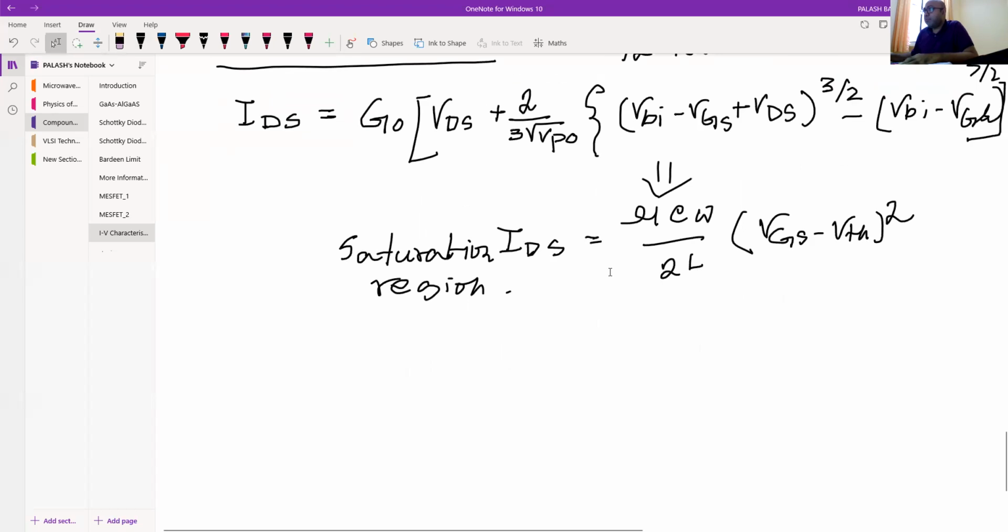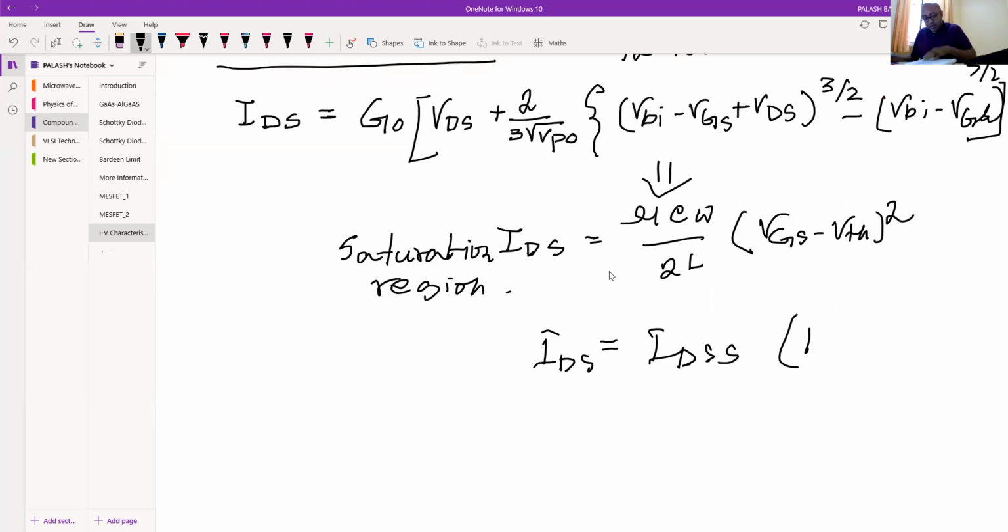Okay. There's another form that we often encounter. Can you remember what is the form that we often encounter over there?